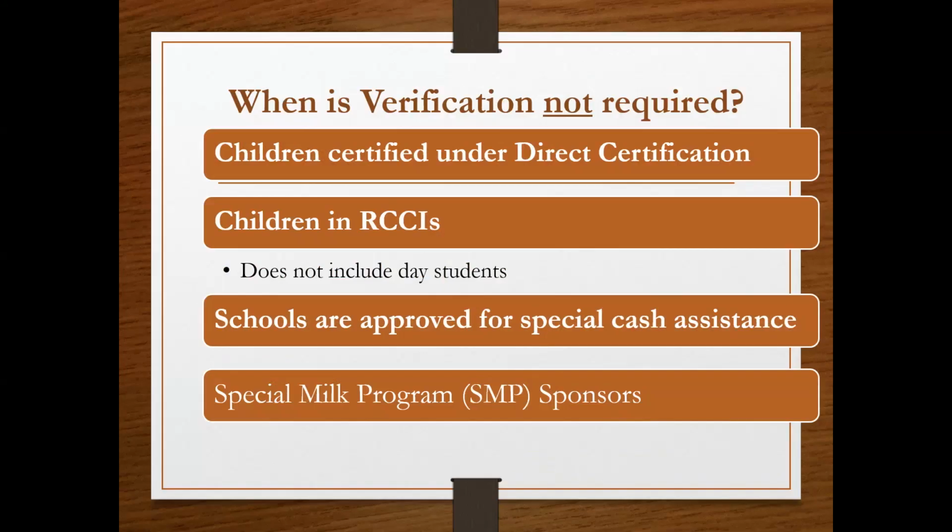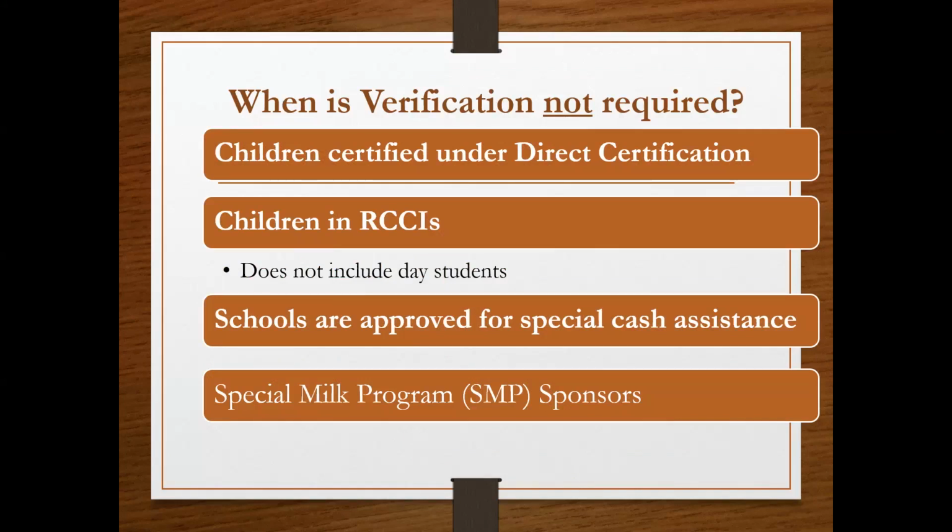When is verification not required? Remember, it's not required for children that are certified under direct certification, and this is according to 7 CFR 245.6AC2, which indicates that verification again is not required for children who have been certified in the DC system. It is not required for children documented as eligible, migrant, runaway, homeless children, foster children, and children enrolled in the federally funded Head Start.